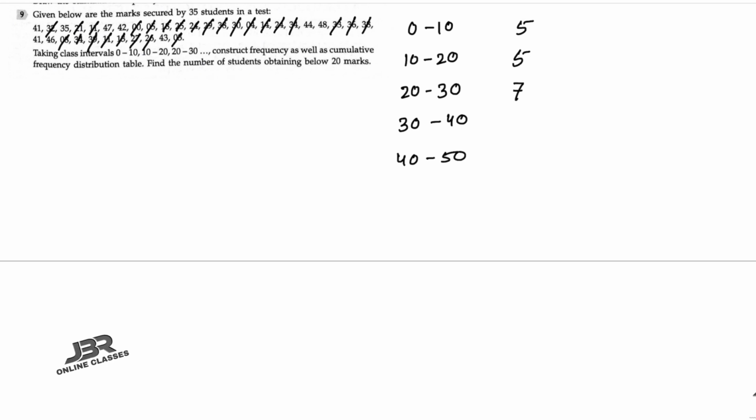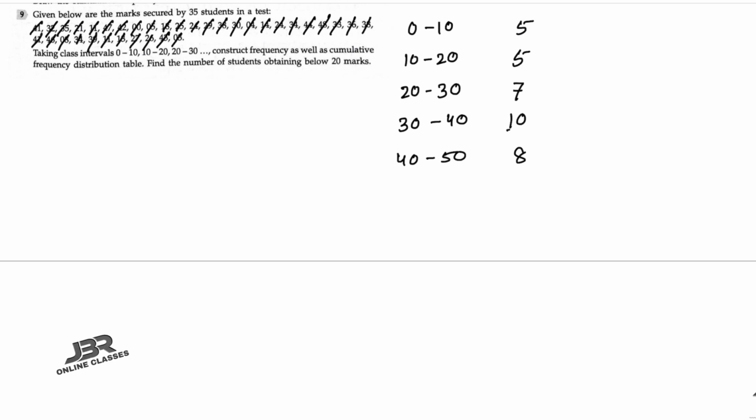So how many numbers are there? 10. Now next one 40 to 50. So here 41, 46, 47, 42, 43, 44, 48. So here it's 8. So these are the total frequencies.